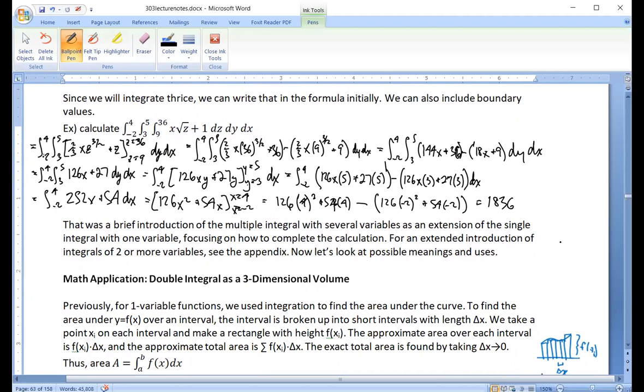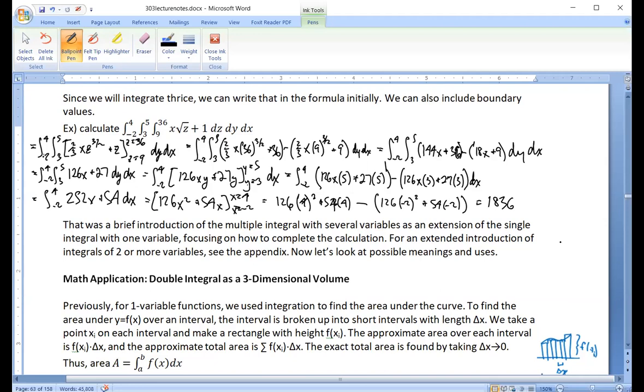And then we take a point xi in each interval, and then we take f of that point to get the height of the rectangle. And then the area of each rectangle is f of xi times delta x. And then the total approximate area is the sum of those, so the sum of f of xi times delta x.